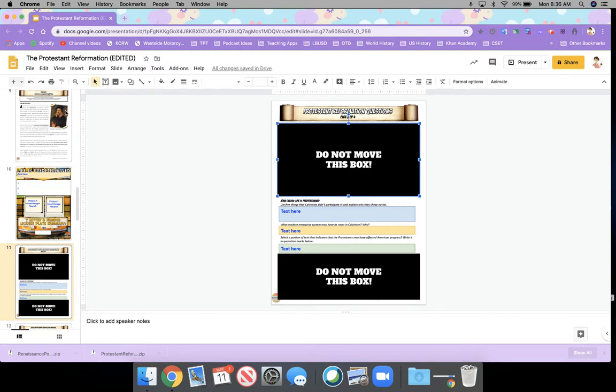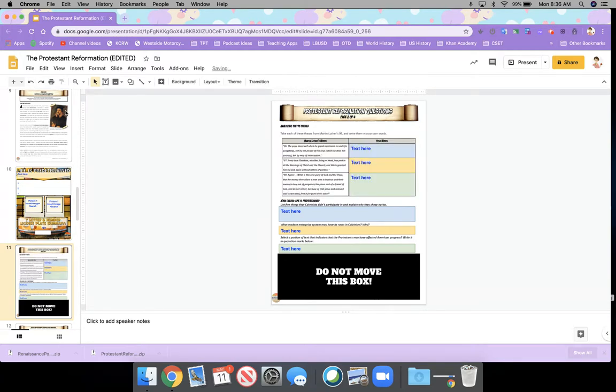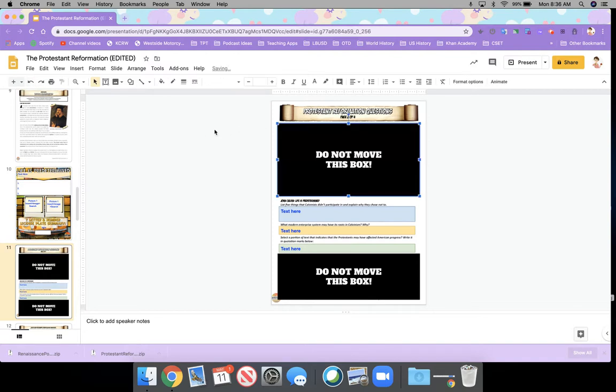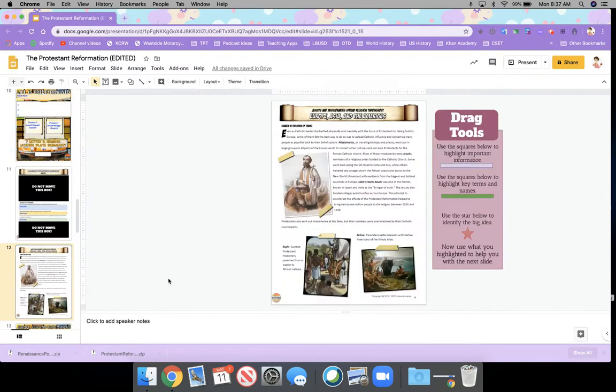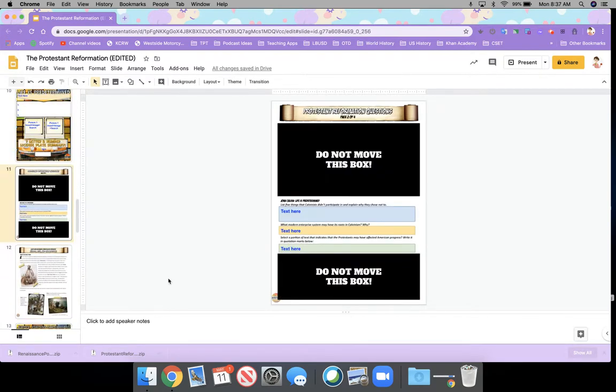If you did move it and then forgot that you moved it and went back, you'll see you don't have a reading on the 95 theses. So you won't have the information to answer the question. So the best thing for you to do is where it says do not move this box, just leave that box alone. That way you can focus on just the questions that you're supposed to answer and not get overwhelmed by the ones that you are not.